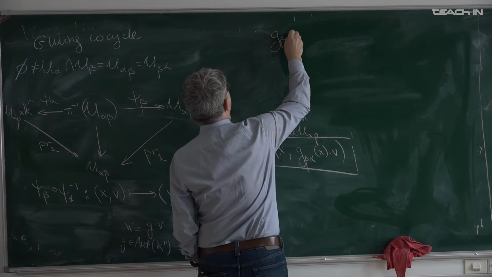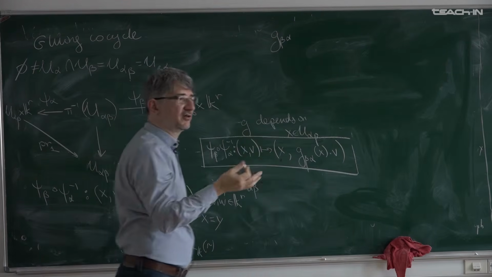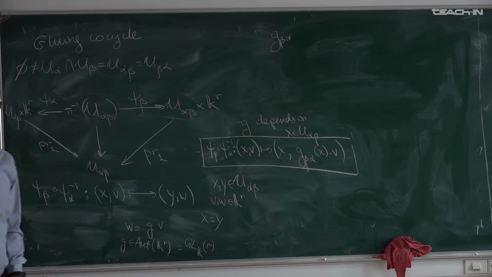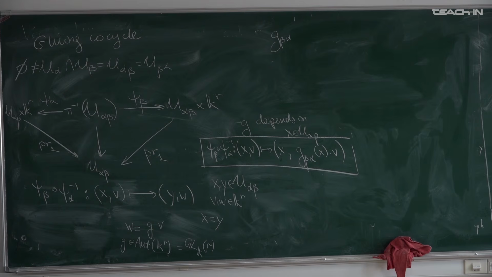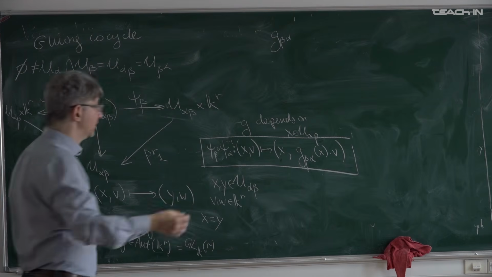From a mathematical point of view, how should we understand this object? Matrix. Yes, that's correct. It's a matrix, but it's a point-dependent matrix. If you change point x, this matrix also changes.